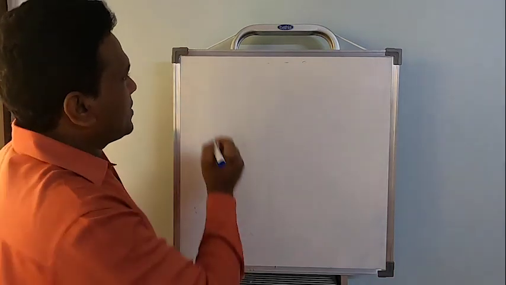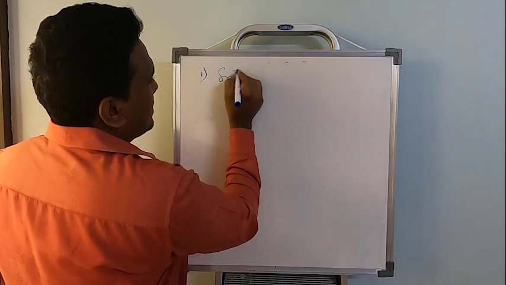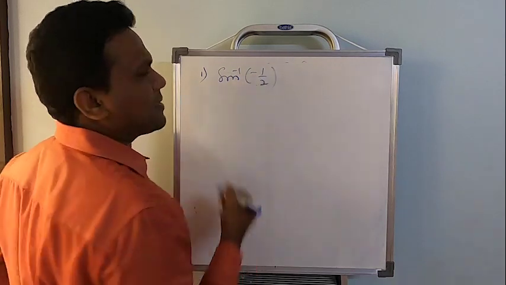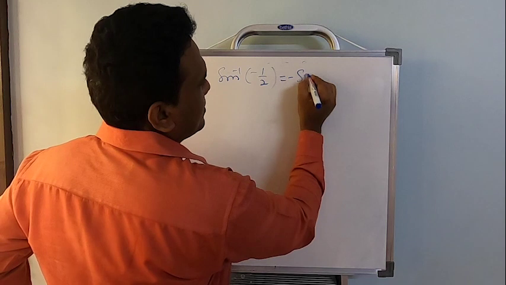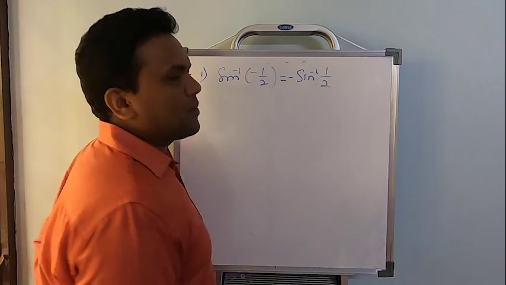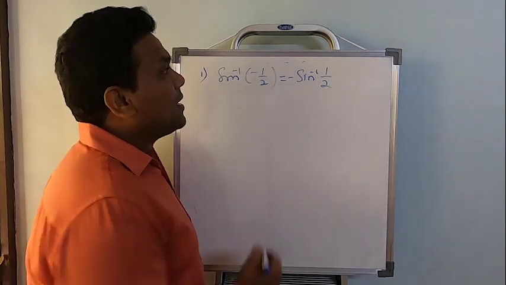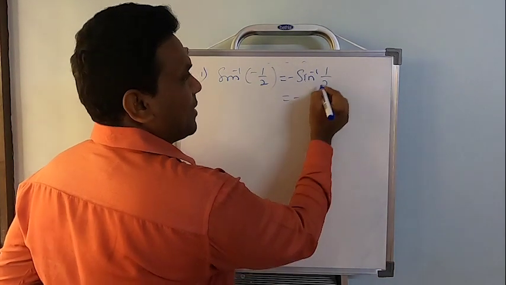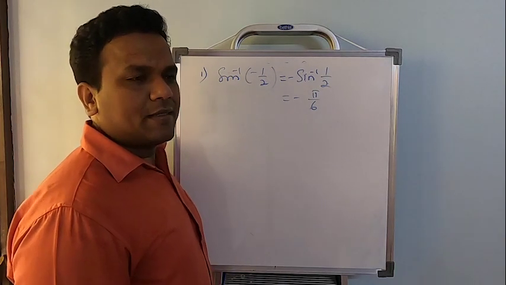The first problem is finding the principal value of sine inverse of minus half. Sine inverse of minus half can be written as minus sine inverse half, by using the property of sine inverse of minus x equal to minus sine inverse x. Now what is sine inverse half? In the sine table we get 1 by 2 for 30 degrees.